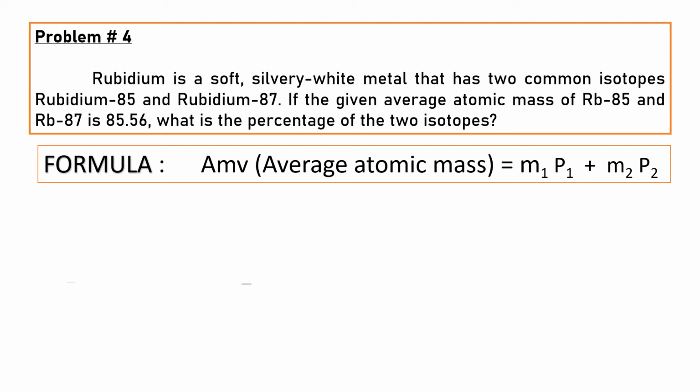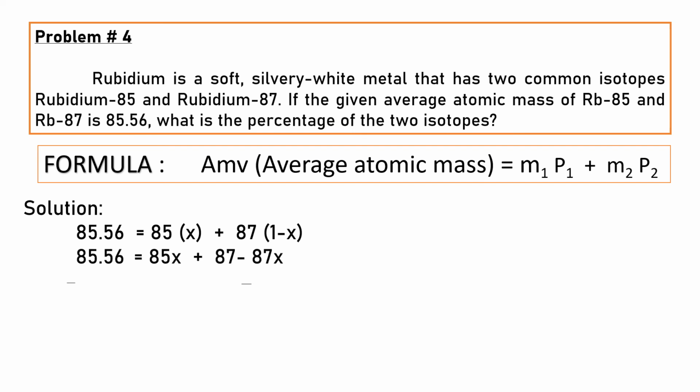So let's check. For our solution, we have the average atomic mass of 85.56 equal to mass 1 or M1, 85, multiplied by the P1 represented by X plus 87 for the M2 multiplied by P2 represented by 1 minus X. So 85.56 is equal to 85X plus 87 minus 87X.